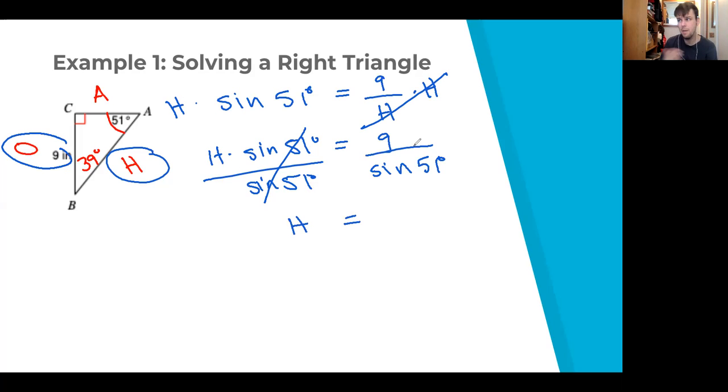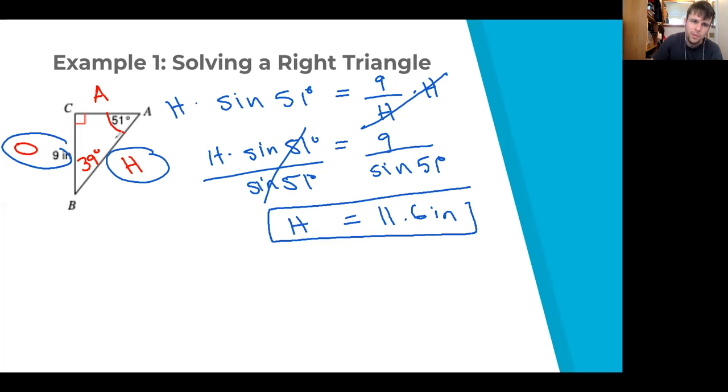Again, rounding, I'm going to just go to one decimal place, but it totally depends on what the problem asks us to do. 9 divided by sine 51. And rounding this, I got 11.58083. I'm going to get 11.6, approximately 11.6. I guess we are dealing with inches in this problem, so inches.